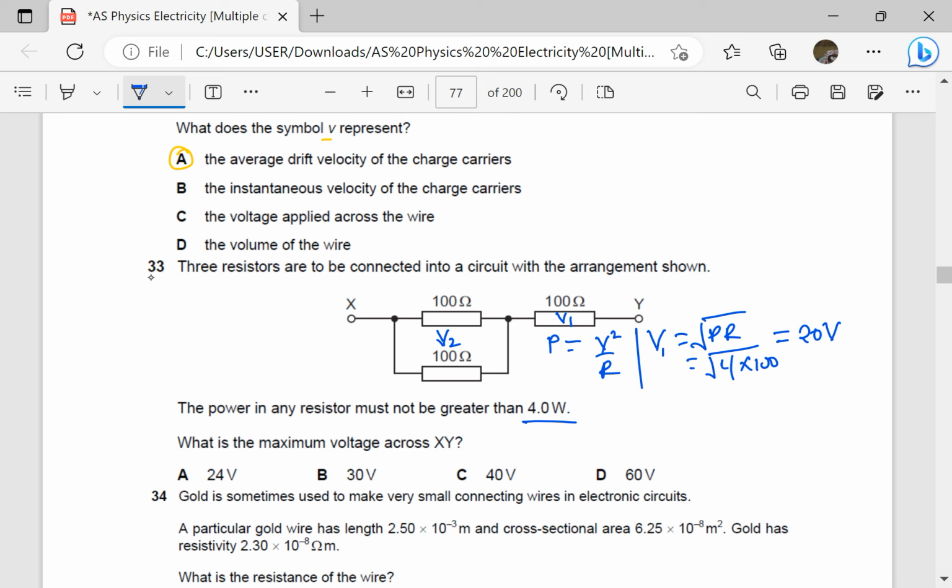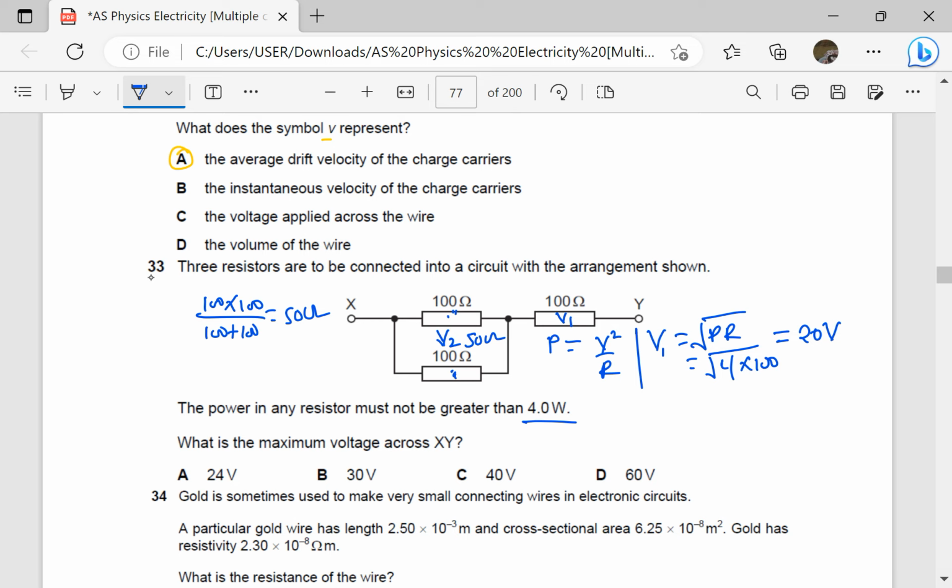Now note that when we have these two in parallel, their total resistance is 50 ohms: 100 times 100 divided by 100 plus 100, product over sum for a parallel combination. This gives us 50 ohms here, which is half.